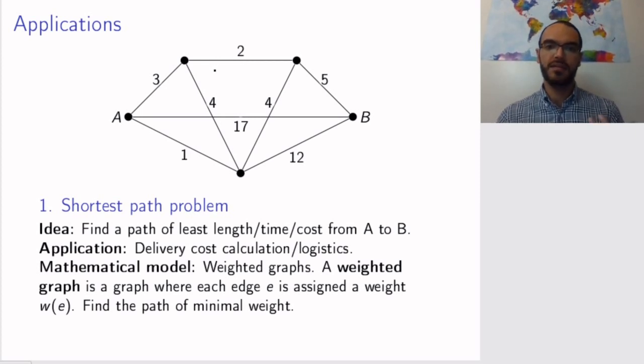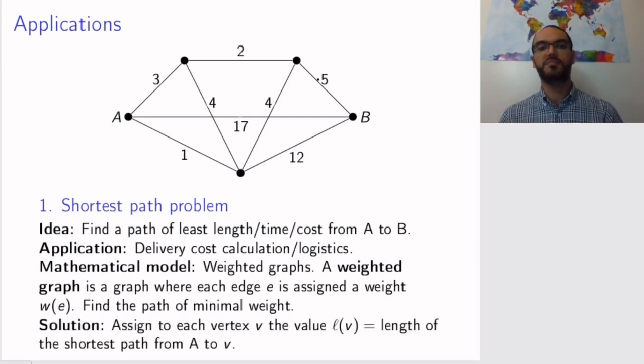In applications you sometimes use sloppy language where you talk about shortest path. What you mean by shortest is not the smallest number of edges, but the path of the least total weight. So for example, if I take this path that goes along the upper part of the graph, the length of this path is 3 plus 2 plus 5, 10, whatever units I am using. So weighted graphs are the way to model this situation.